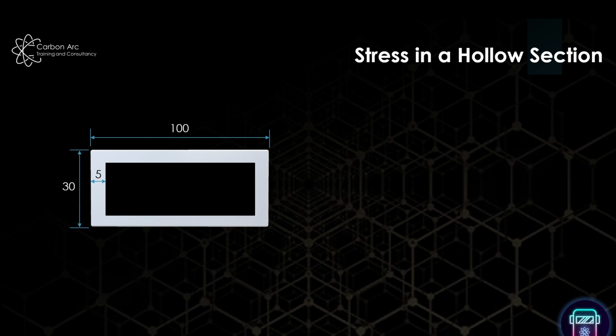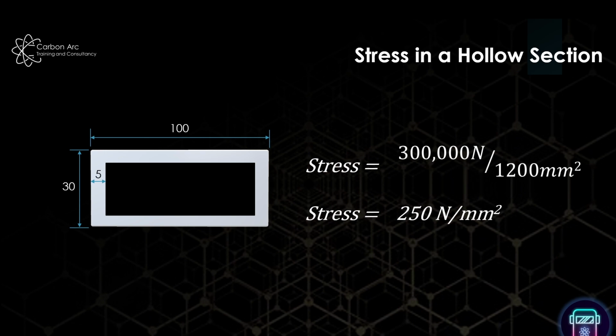So if we then plug that back in to our stress calculation, and I come up with a random number here for the amount of load that was required to fail the sample, 300,000 newtons or 300 kilonewtons, divided by 1200 millimeters squared, which is the area of the bar we have. That then means we have a UTS in this example of 250 newtons per millimeter squared. So that's our first real way of working out a hollow section.